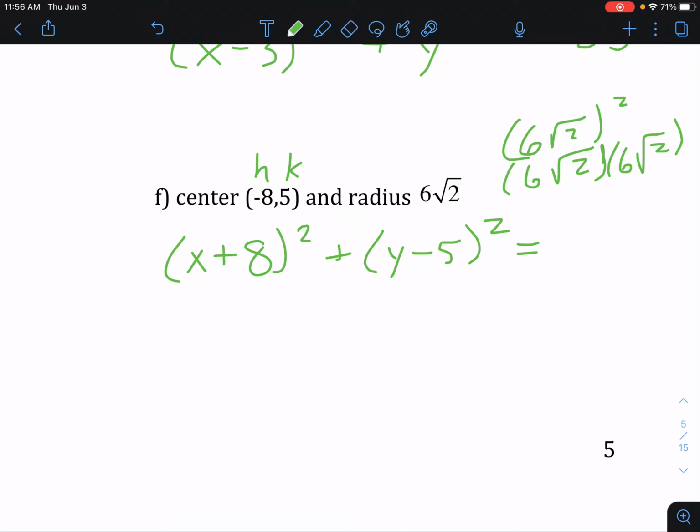So 6 times 6 is 36. Square root of 2 times the square root of 2 is square root of 4, which is 2. And then 36 times 2 gets you 72.